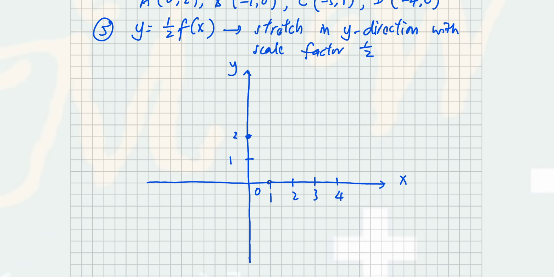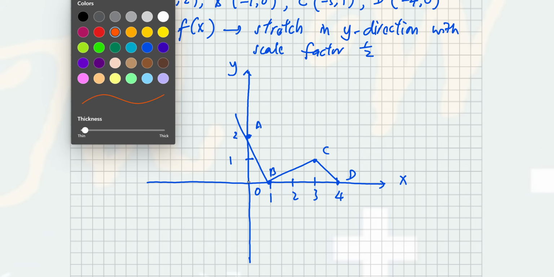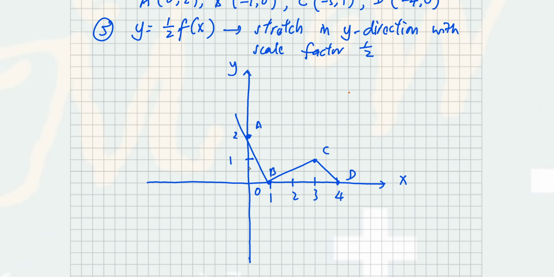Initially here, these are the points. Okay, so because of the half f(x) here, that means now your y value becomes half of the original y. So instead of (0, 2) for the A, now becomes half times 2 is 1.